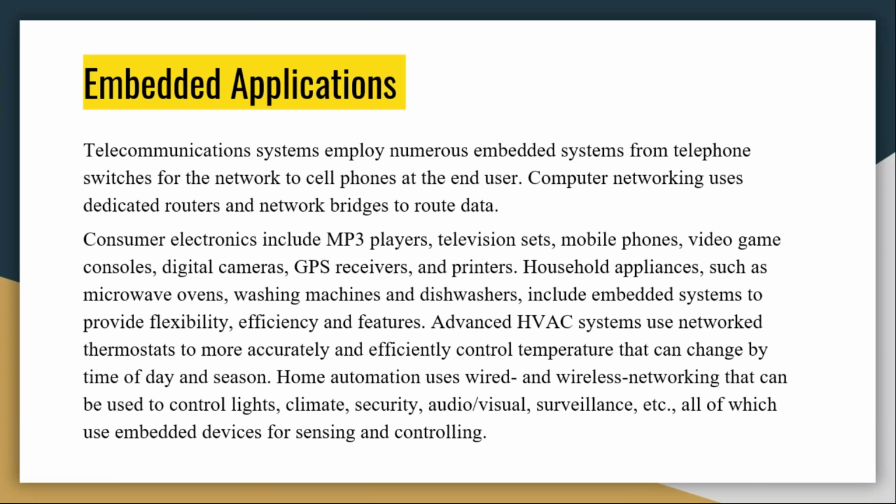The third one is household appliances. A lot of home appliances come under this, such as microwave ovens, washing machines, and dishwashers. These are basically embedded devices which are doing their specific task. A microwave oven is used only for cooking in the kitchen, for baking or heating your food.